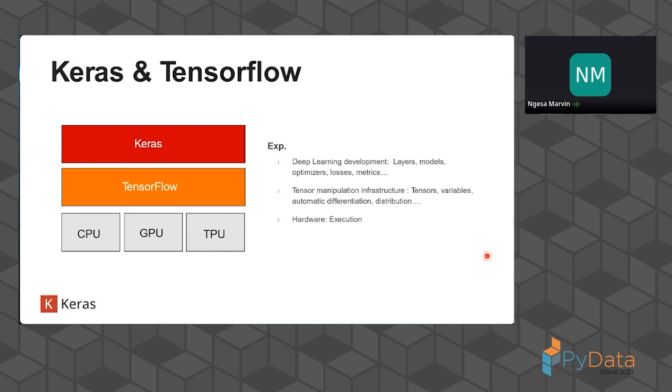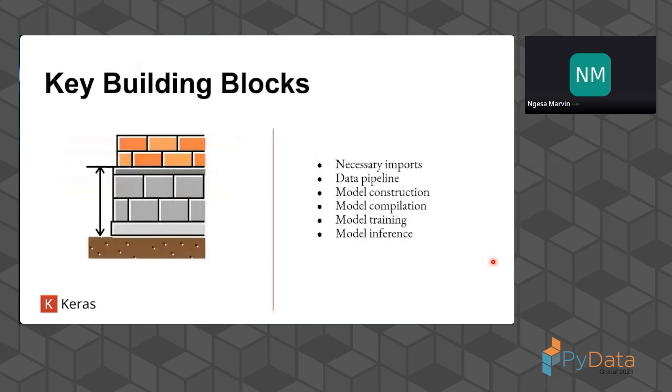And if you check on the key building blocks of Keras, another way to think about Keras is to imagine that you're trying to build a house. When you're building this house, Keras gives you building blocks that are simple and consistent.